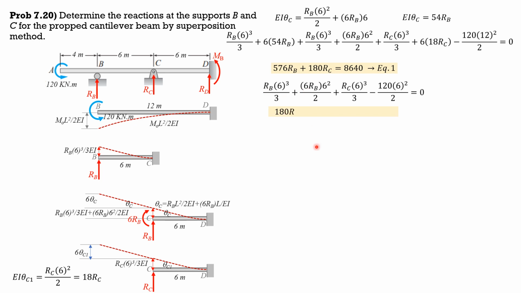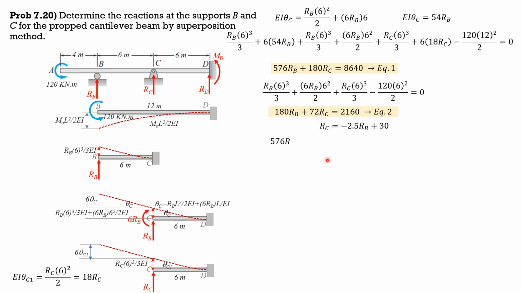Combined and simplifying, 180 R sub B plus 72 R sub C equals 2160. So expressing R sub C in terms of RB, R sub C is negative 180 over 72 or negative 2.5 R sub B plus 2160 over 72, that's 30.